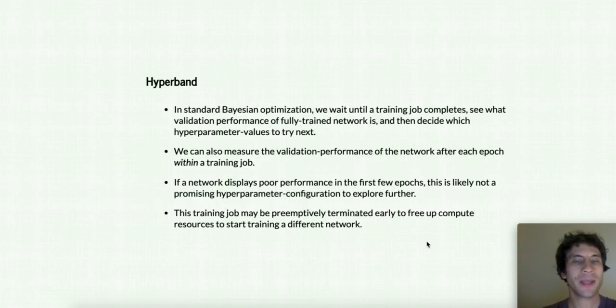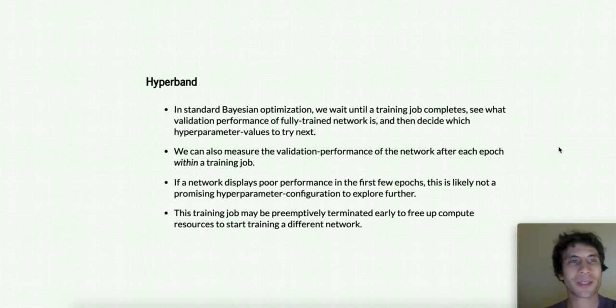In standard Bayesian optimization, we wait until a training job completes to see what the validation performance of the corresponding fully trained network is, and then we decide what hyperparameter values to train next. We can also measure the validation performance of the network after each epoch within a training job, as we just saw in the previous plot.